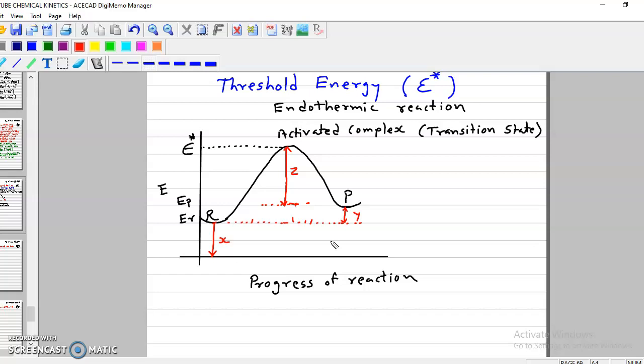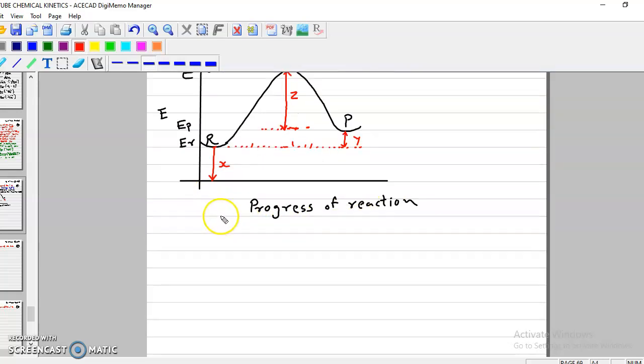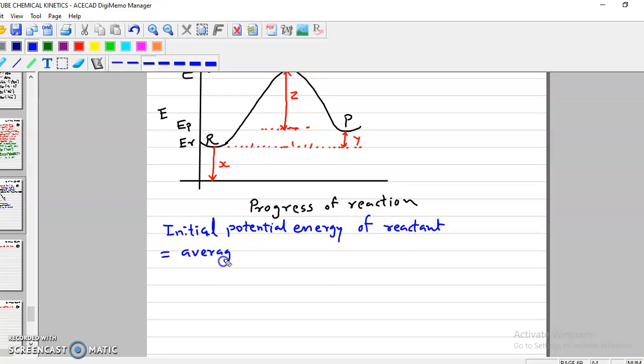Okay, so if it is the graph of endothermic reaction, then we can interpret this graph like this, that initial potential energy of reactant is equal to average kinetic energy of reactant and it is known as X, or ER.